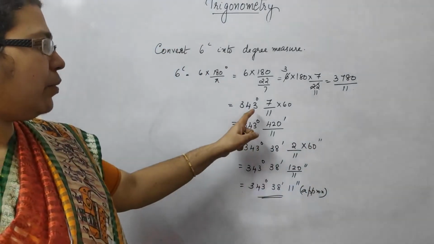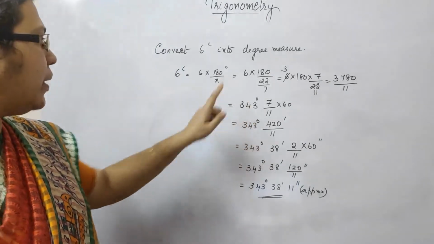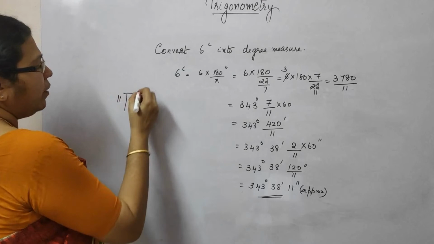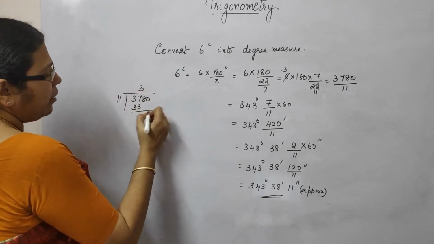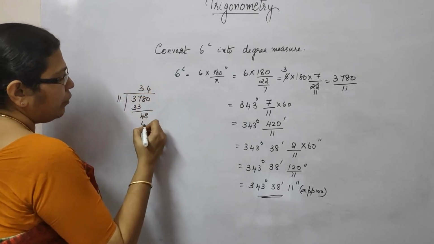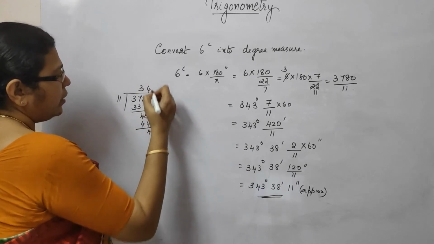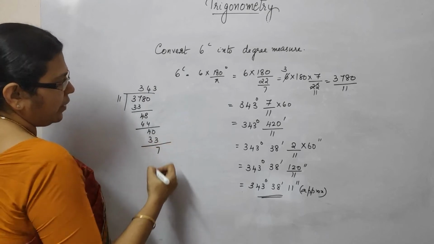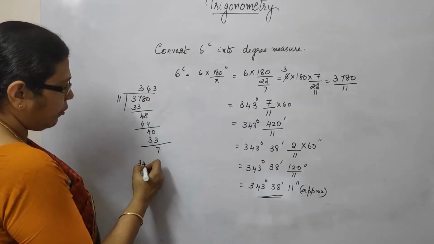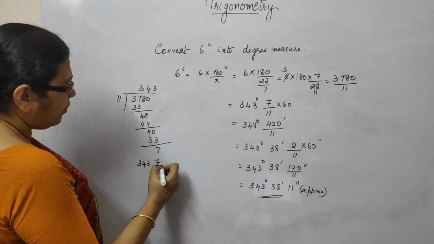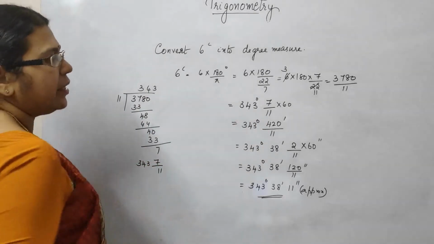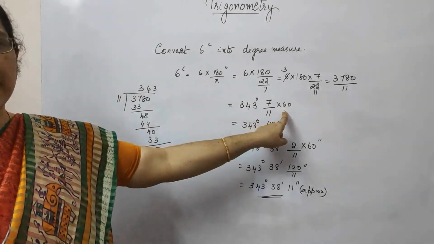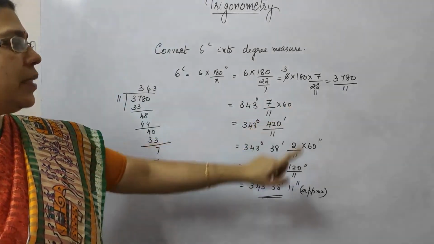I believe how I wrote this is clear to you. 3780 divided by 11. What do I get? 3 is 33, 48, 4 is 44, 40. So 3, 33, balance of 7. So I'll write this as 343 into 7 by 11. But 7 by 11 I am writing it into minutes, so I multiply it by 6.